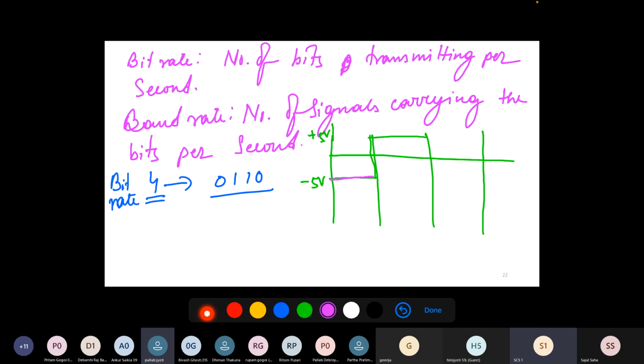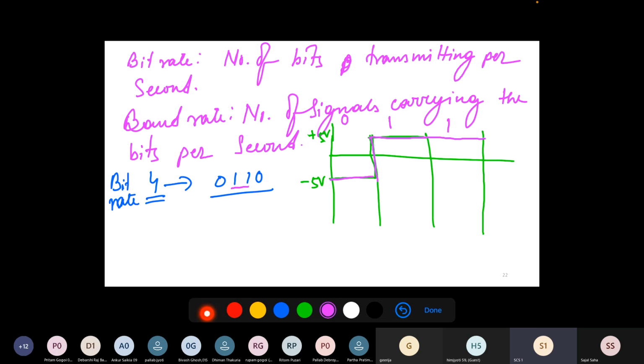Now the next time period, it is representing plus 5 voltage, right? Now this plus 5 voltage is representing what? 0 or 1? 1. Very good. And the next time period, it should represent plus 5 voltage again, because the bit is 0, 1, 1, right? So it will represent 1 again.